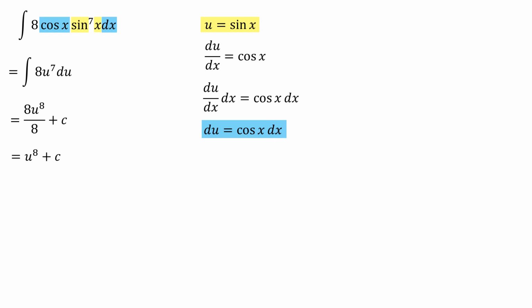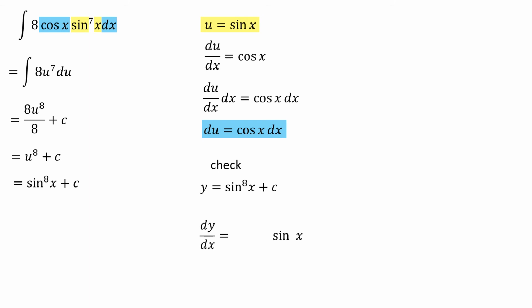Instead of u to the 8th power, I can back substitute. So the sine of x gets raised to the 8th power, but I got to remember that since the entire thing's being raised to the 8th power, I write it as sine to the 8th power x. Right, so that way I know the entire function is being raised to the 8th power, not just the x. If I want to check, the derivative of sine is cosine.